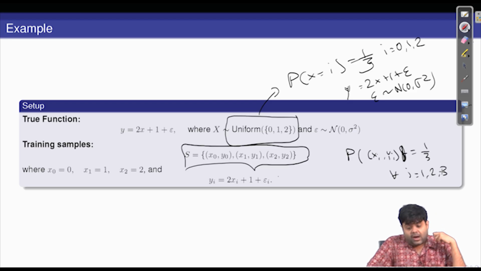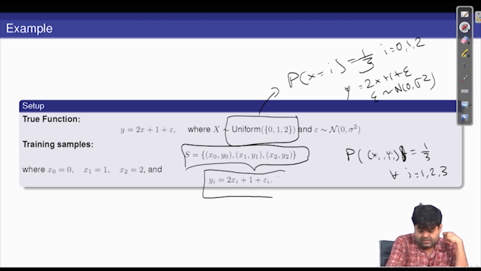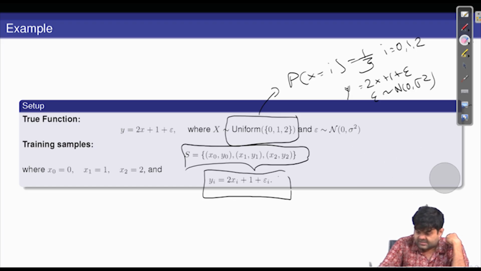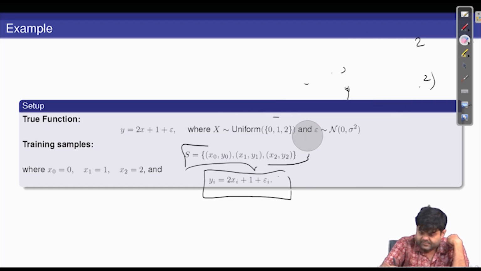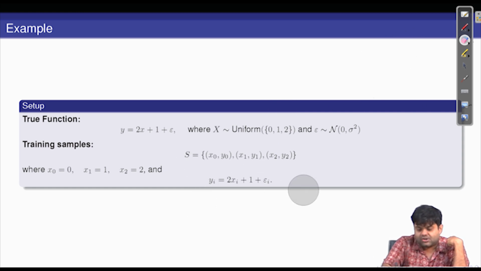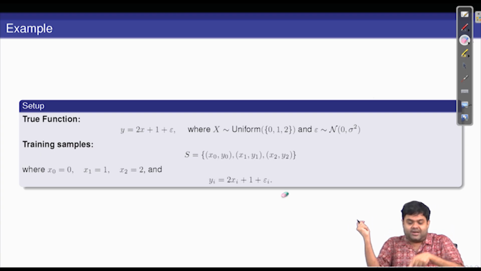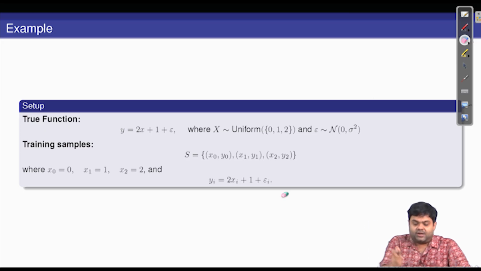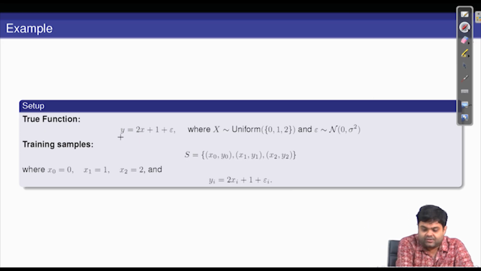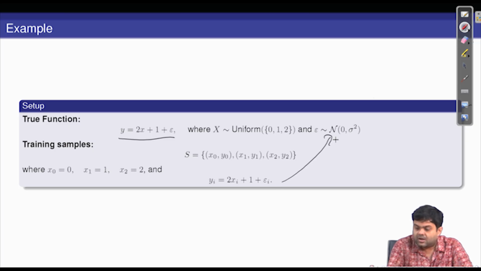Now here you are getting this data where x0 is 0, x1 is 1, x2 is 2, and you are getting the corresponding y's. Whatever the corresponding y value is, the remainder part, yi minus (2xi plus 1), from this it is clear that it is epsilon i, which follows this distribution.